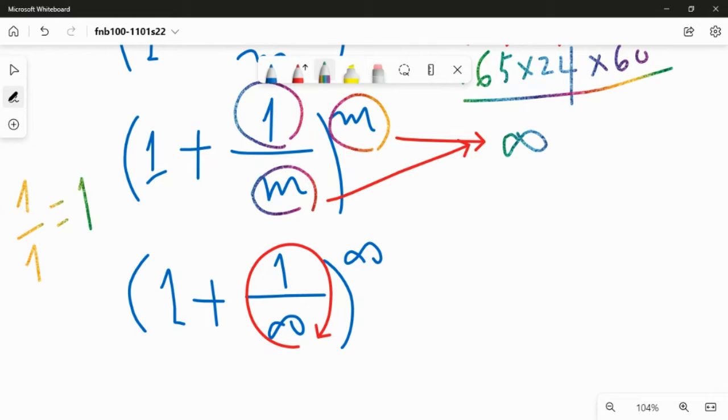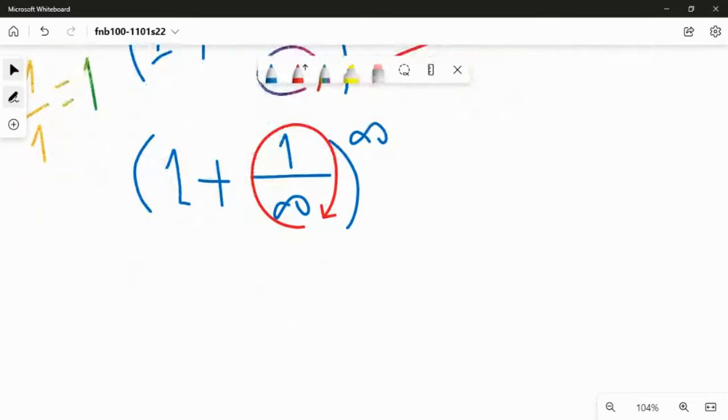Actually, undefined is anything divided by 0. That's undefined. You cannot do that. Think about it. You're dividing any number by an infinitely large number. You divide 1 by 100, it becomes 0.01. Divide 1 by 1 million, it's going to be 0.000001.